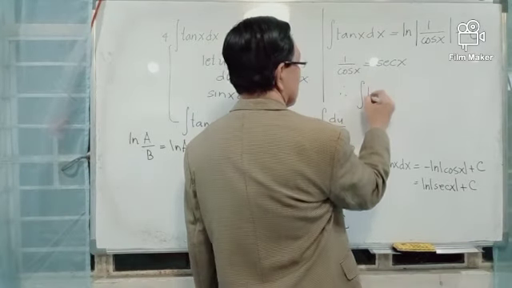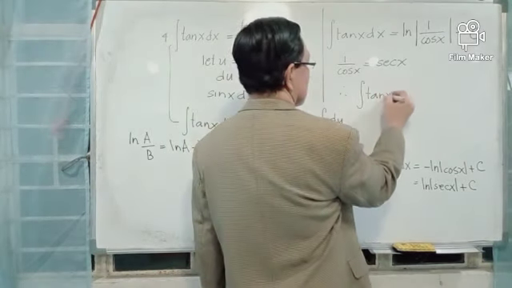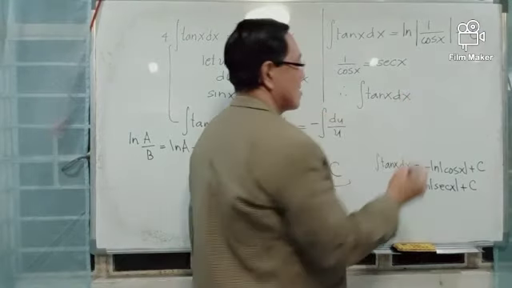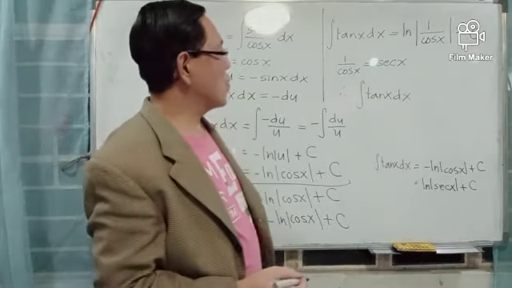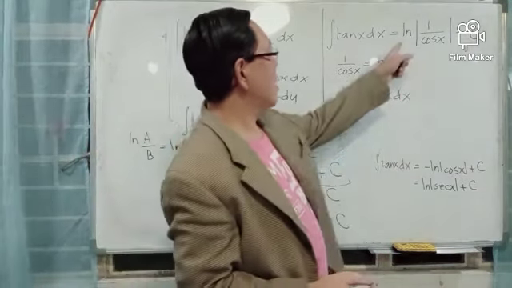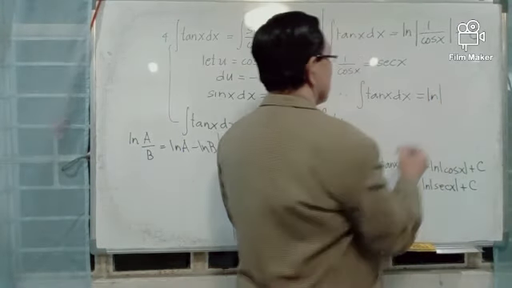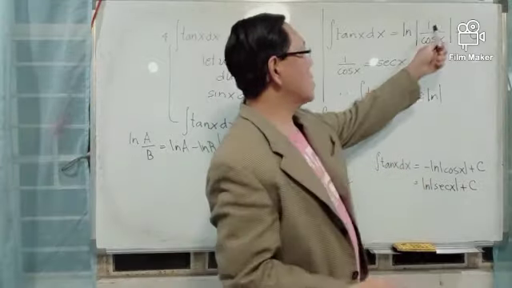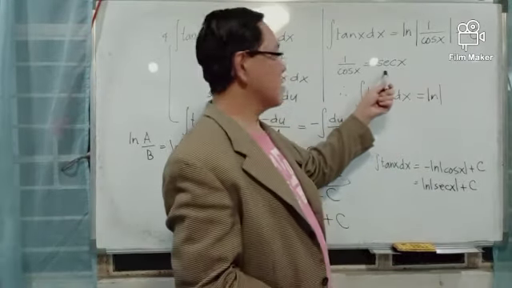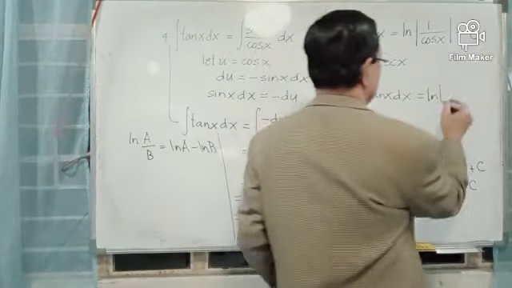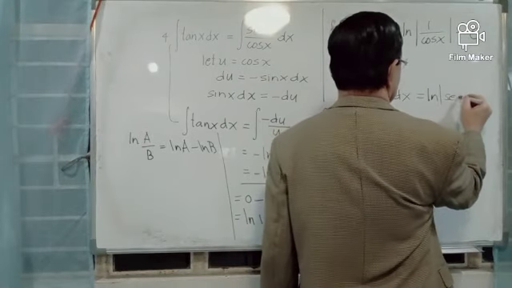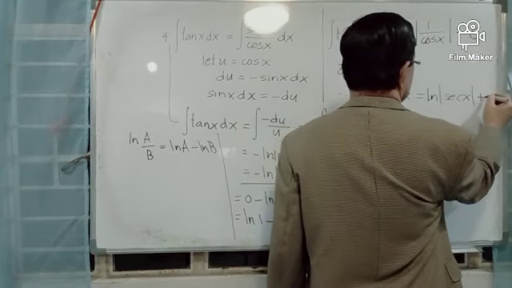Therefore, the integral of tangent x dx is equal to ln of the absolute value 1 over cosine x is secant x plus c.